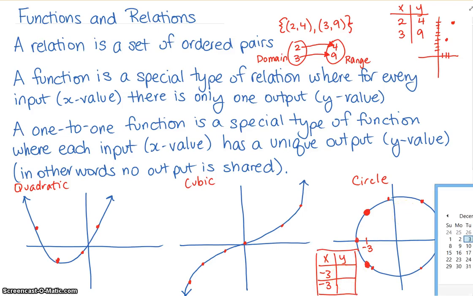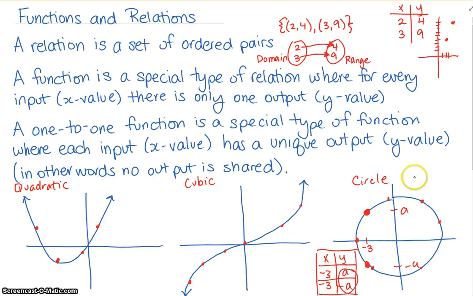And just for number's sake, call it a and -a. So for one input, it does not have only one output. It has 2. So this one fails being a function. So this is a relation, and it's not a function.